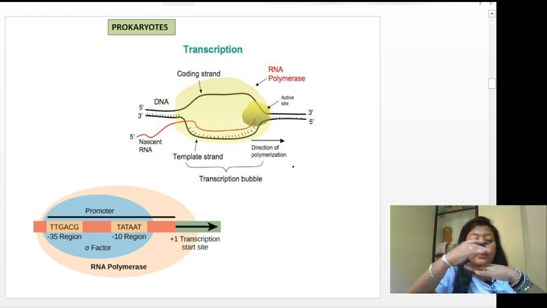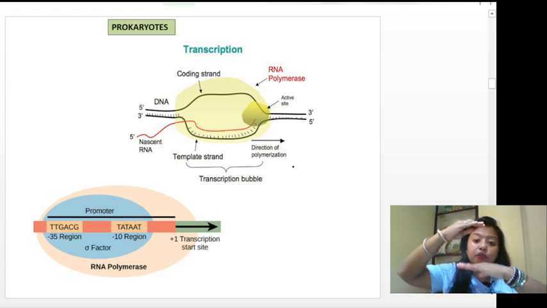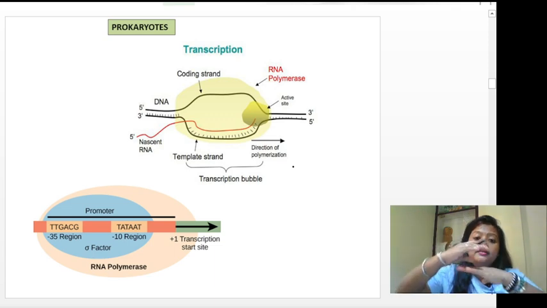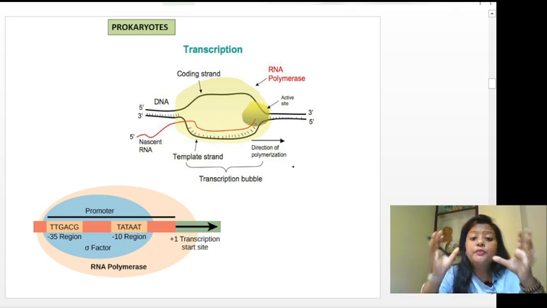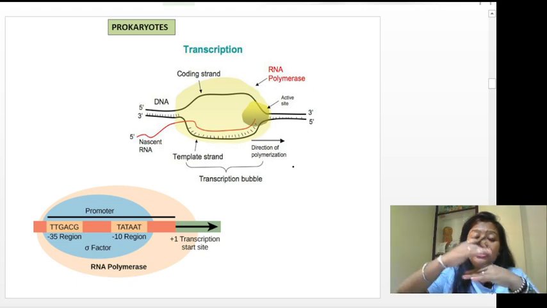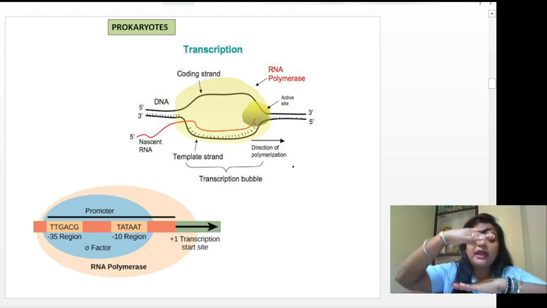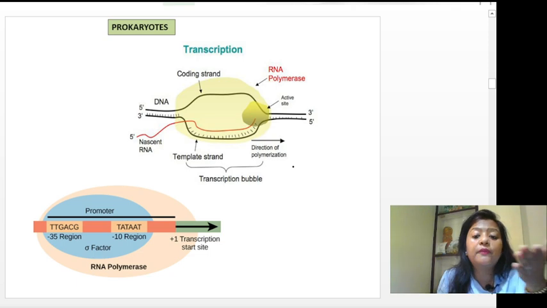Unzipping doesn't mean the whole DNA unzips. In the center, where transcription will start, it will unzip and separate, forming a bubble-like shape like this. The lower strand, from 5' to 3', will be used for the transcription process.